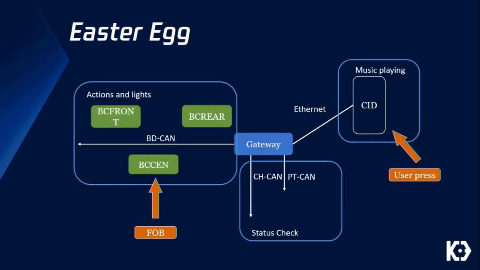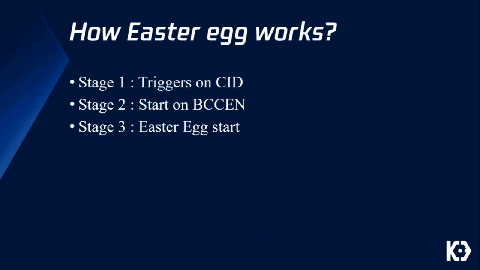And now I think I can divide the Easter egg into 3 stages. The first stage is the trigger on the CID, because as an official Easter egg, you should first of all get in the car, long press on the Tesla logo and enter some passcode to trigger the Easter egg.